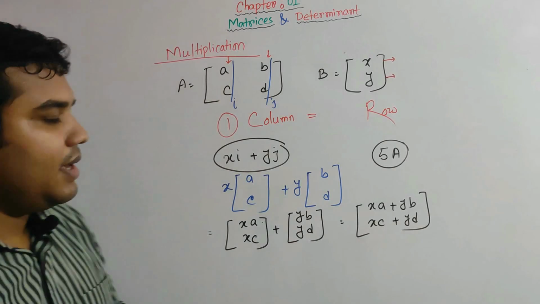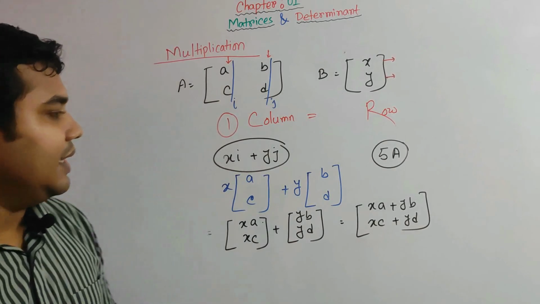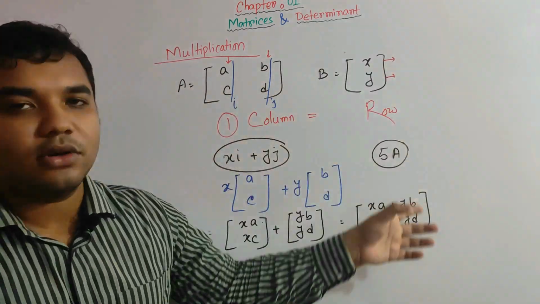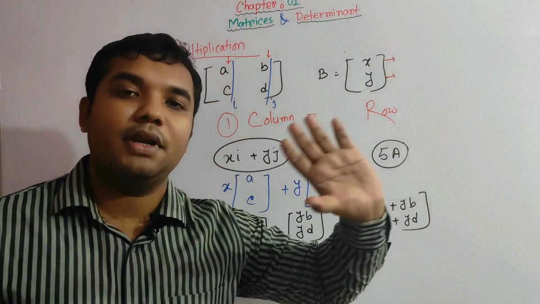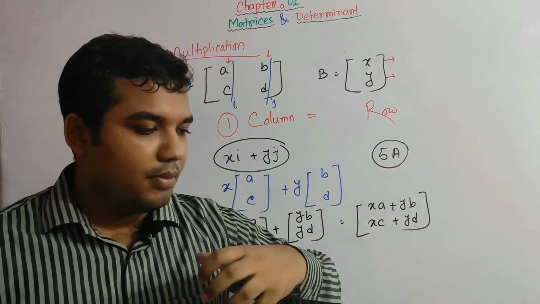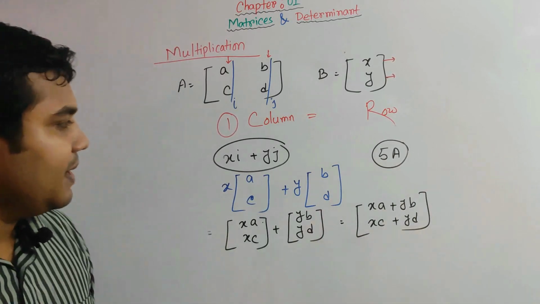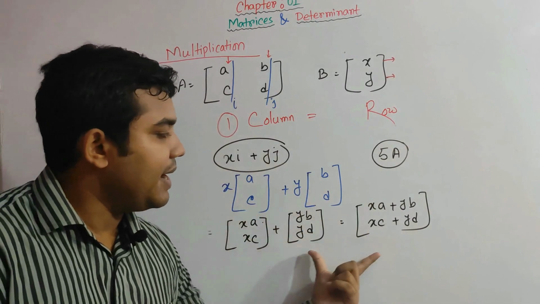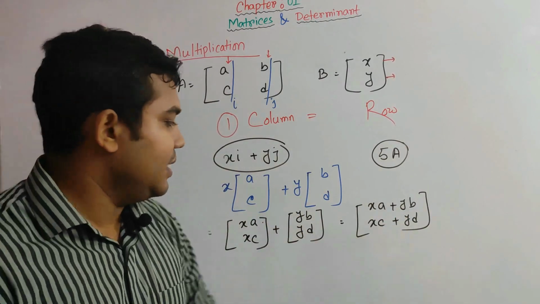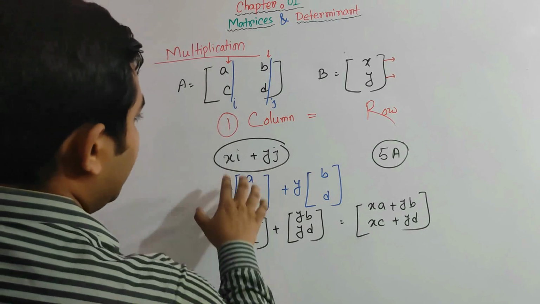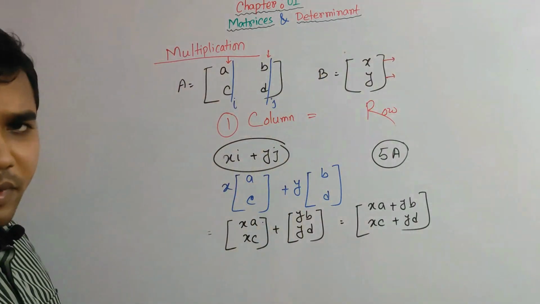Maybe you already know that matrix multiplication is this row, this column, this row, this column. Actually that comes after a huge process. But it comes this way, and this is the main way to find the multiplication. Here it is xa plus by, then cx plus dy. This is the multiplication of these two matrices.